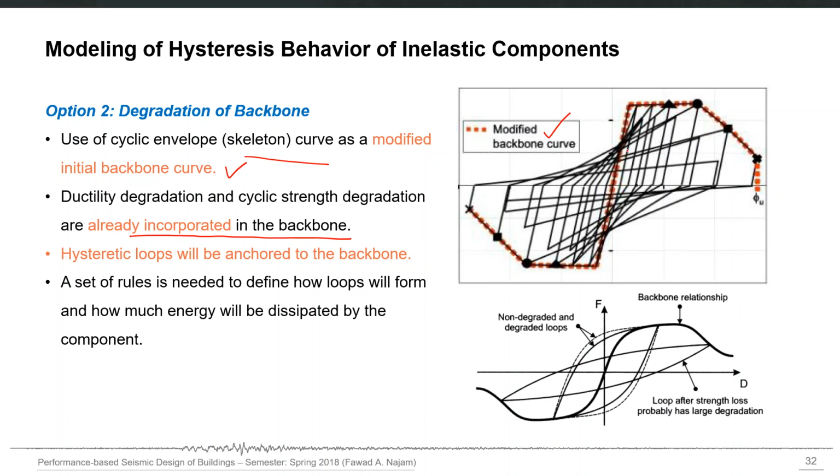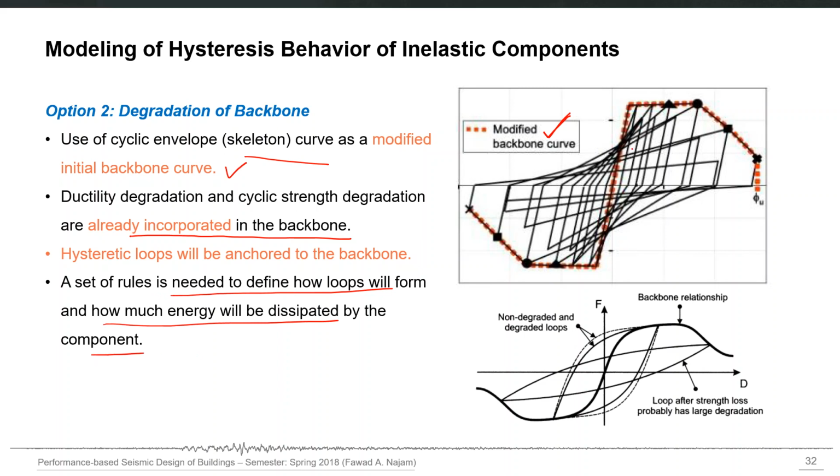So you are not modifying the actual stress strain curve at each instant. You are simply defining a boundary on both positive and negative sides and unloading and reloading rules within that boundary. That modified backbone curve serves as a boundary in between which the loading cycles are applied. So you need a set of rules to define how loops will form and how much energy will be dissipated by that component.